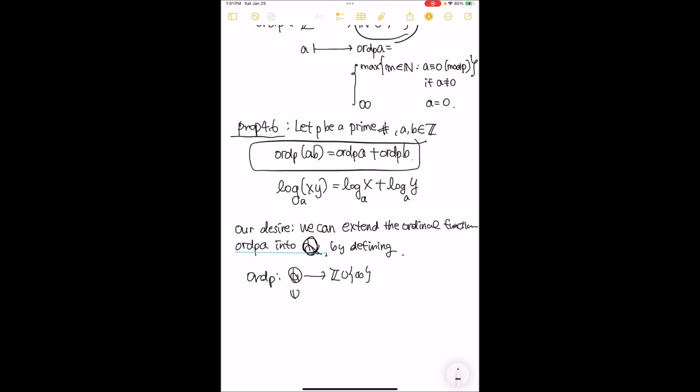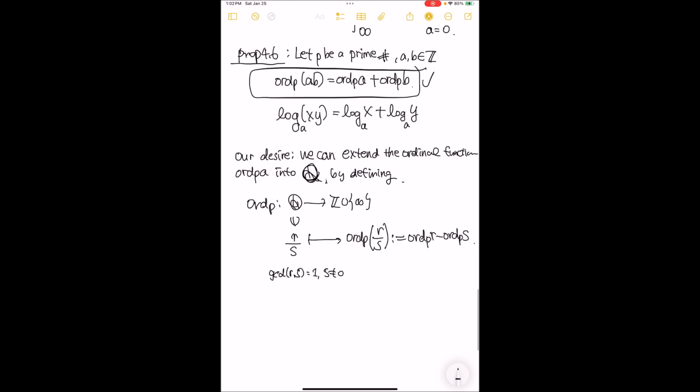So when we take r over s, of course with the given condition, then we can define it, and I said this follows a similar rule to log, like this. Well, that is also a similar logarithm formula, like this.